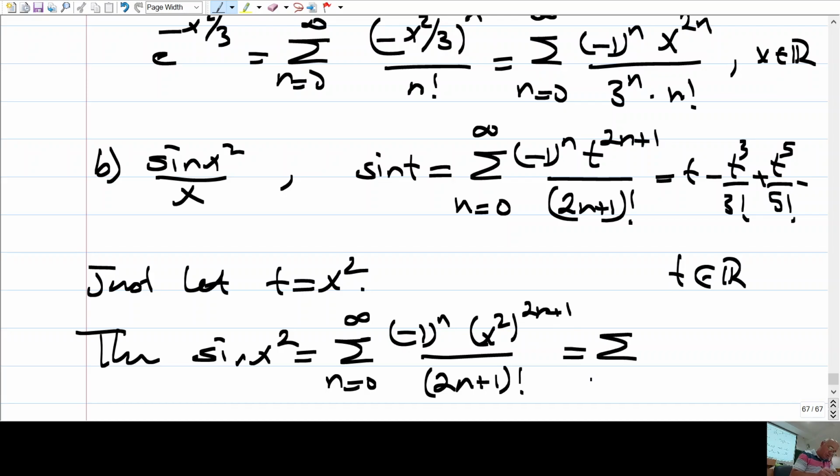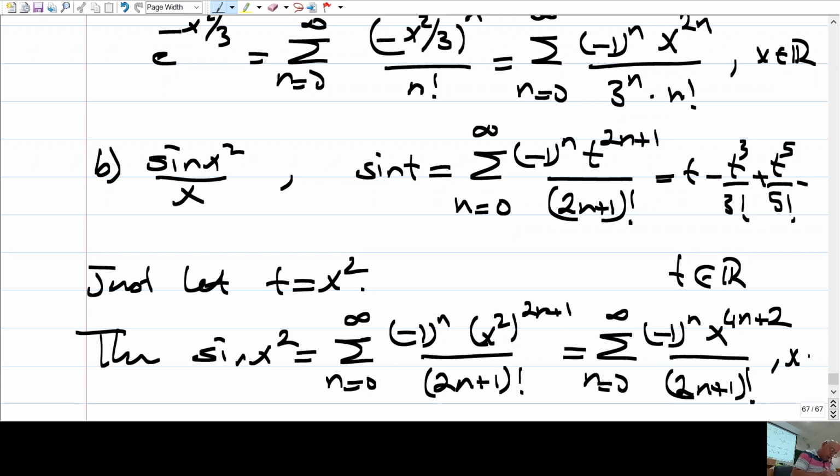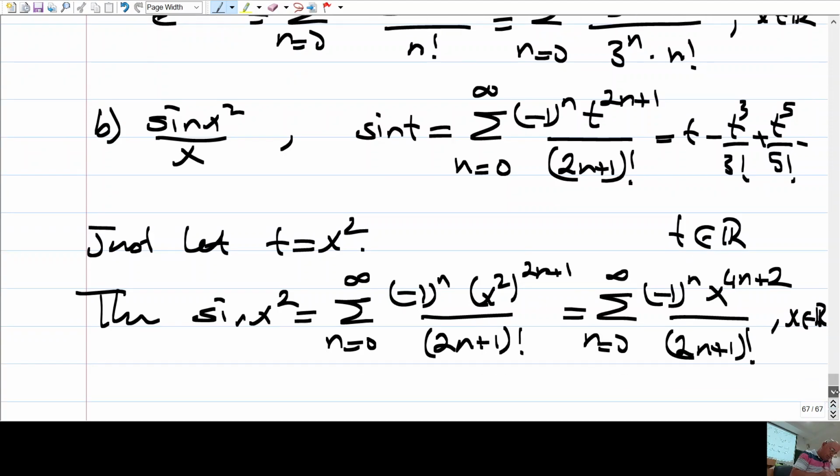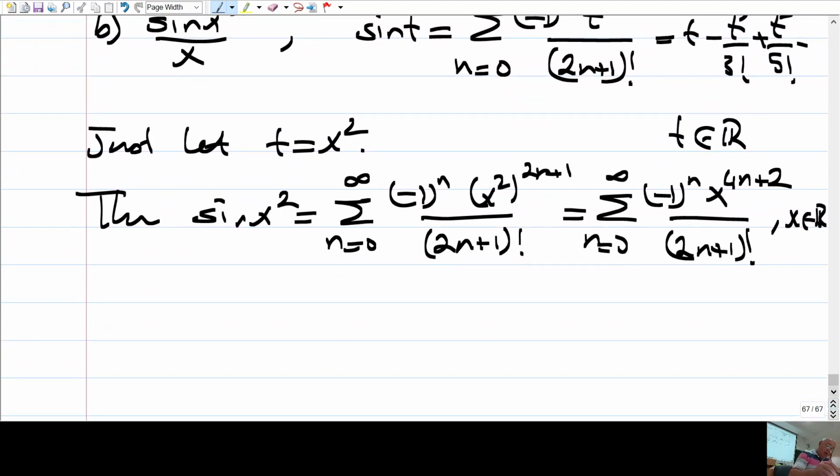But this is equal to minus 1 to the power n, x to the power 4n plus 2 divided by 2n plus 1 factorial, and x is any real number. So sine x squared over x is what?